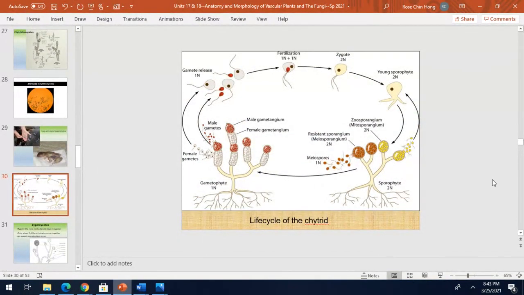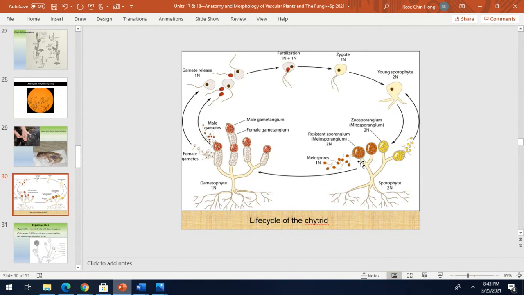So this is another simplified life cycle of chytrid, and it shows again how we're going to go. Let's start from the sporophyte generation here. So what happens is here in the meiosporangium and the mitosporangium, that's what I call them. So this is in the sporophyte generation.